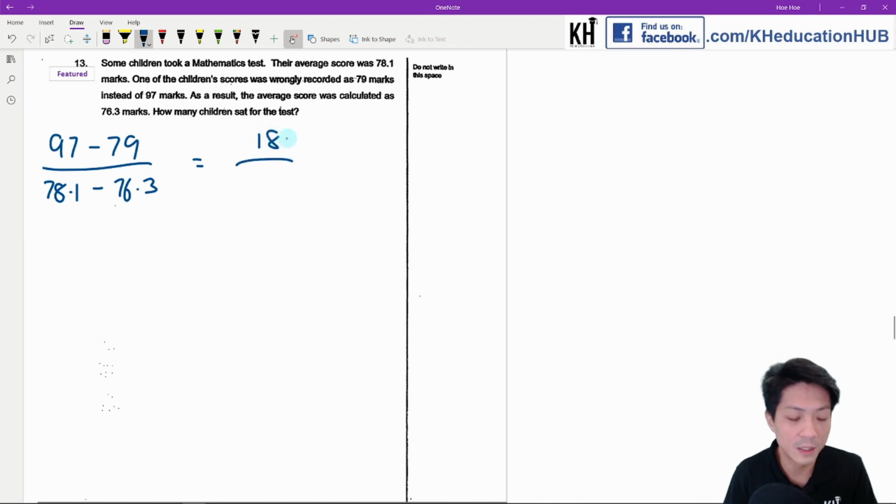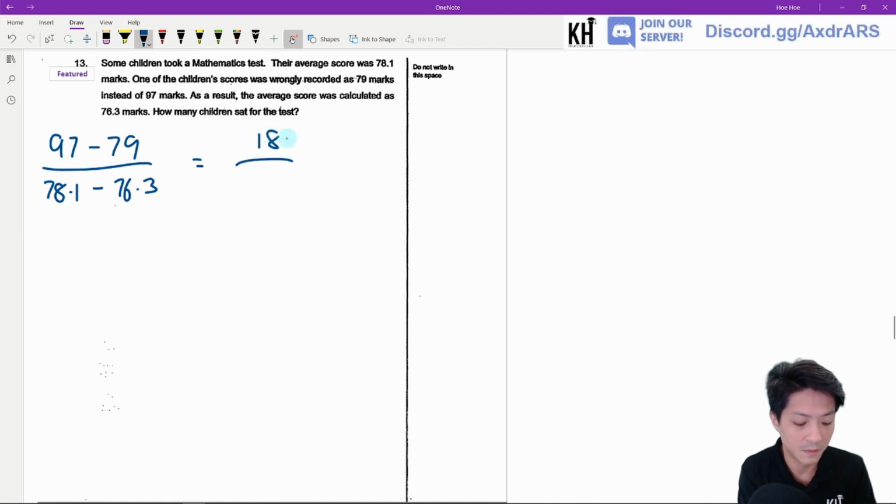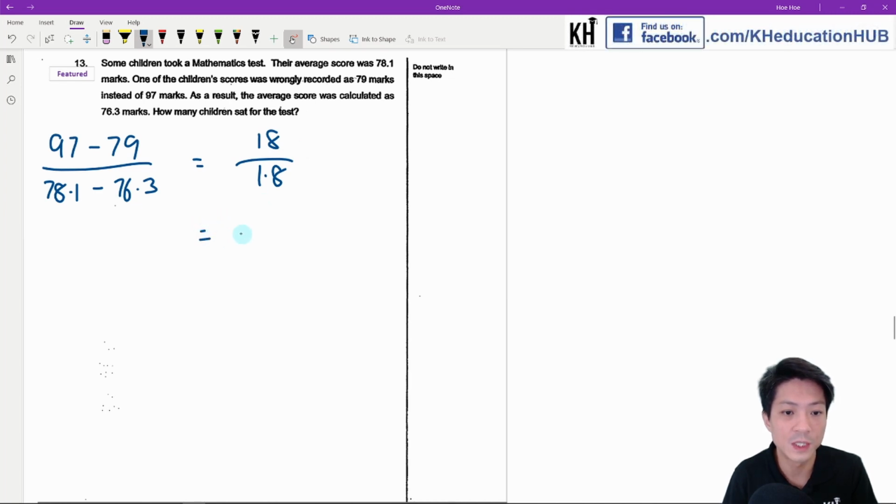Okay, it's going to give you 18 over 1.8, which is equals to 10. Okay, this is the answer.